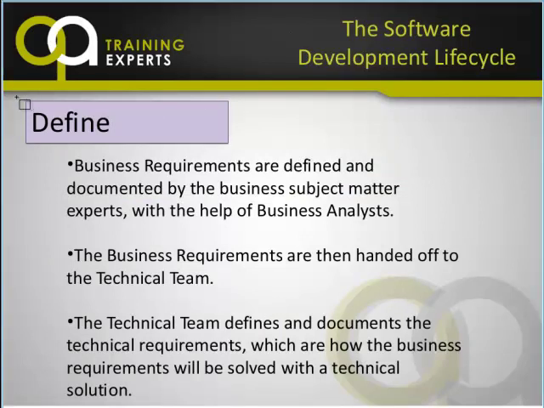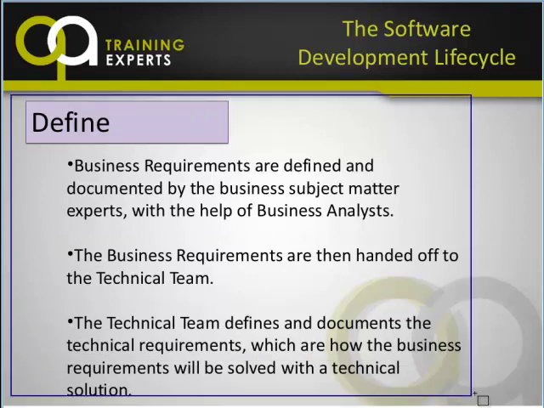before the end of this phase is complete, the business and the technical team will meet. They'll get together, okay? And what will happen is all of the requirements will be reviewed. The business requirement will be read out.